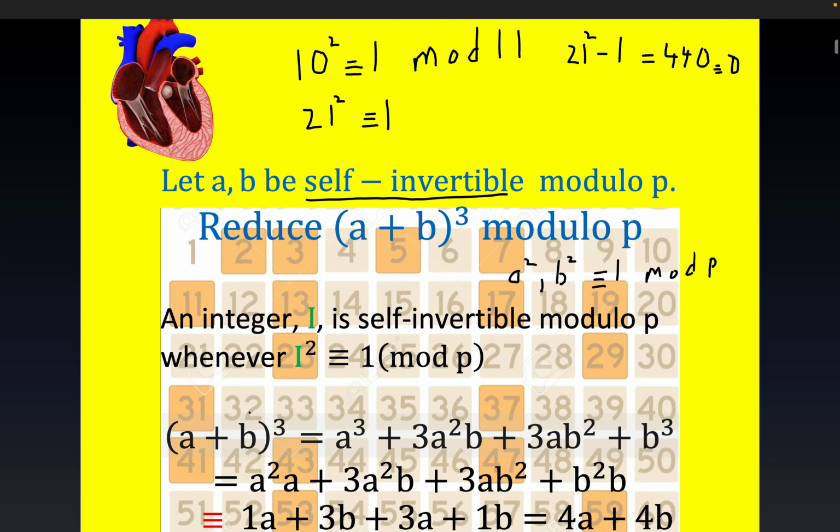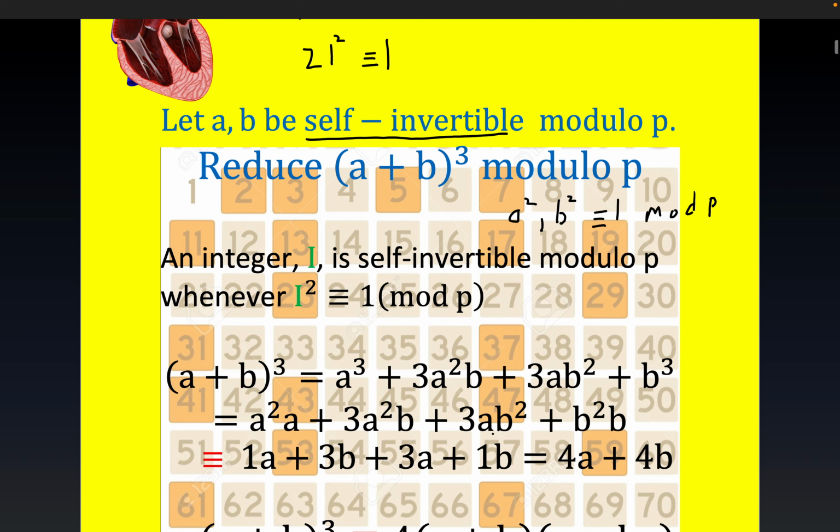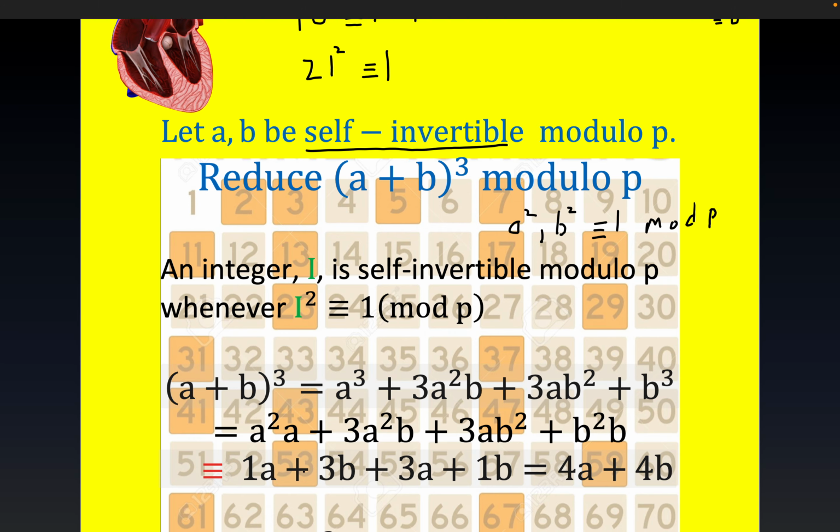So we get A plus B quantity cubed. All this is very well known. You can see right here I have an A squared which became a 1. Now here you had an A squared which became a 1, and so we just left the 3 and the B. In a similar fashion here we leave the A because B squared is also self-inverting.